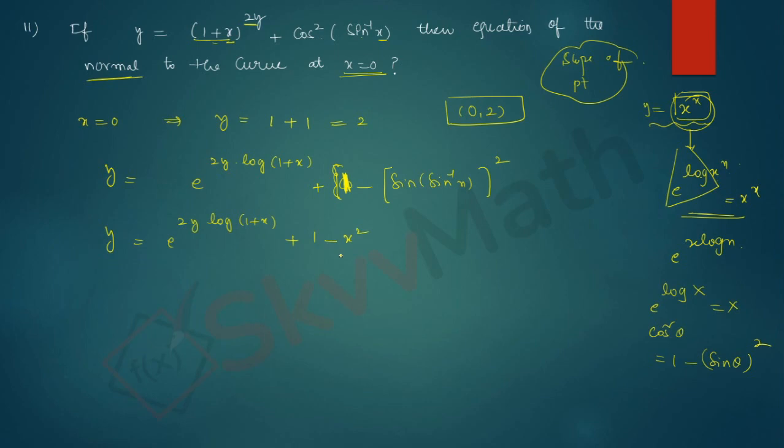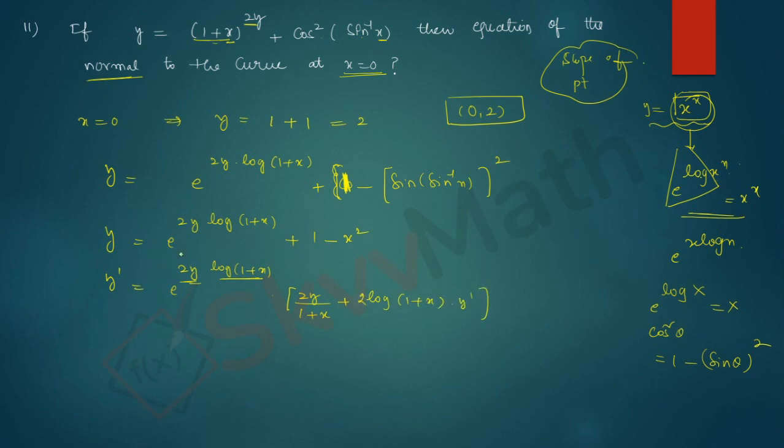Now we differentiate dy by dx. So dy by dx is y dash; we write derivative of e to the power of u is e to the power of u, so e to the power of 2y log 1 plus x into chain rule, u into v. So 2y log of 1 plus x derivative is 1 by 1 plus x, plus log of 1 plus x we leave as it is, and 2y derivative is 2 into y dash.